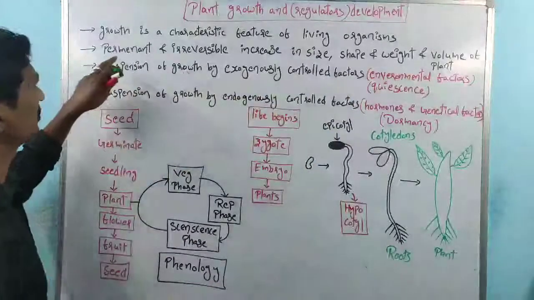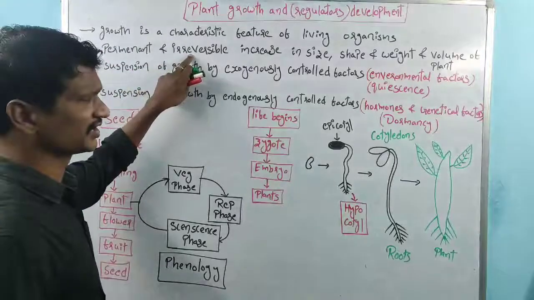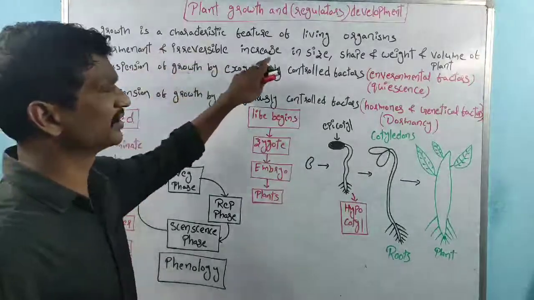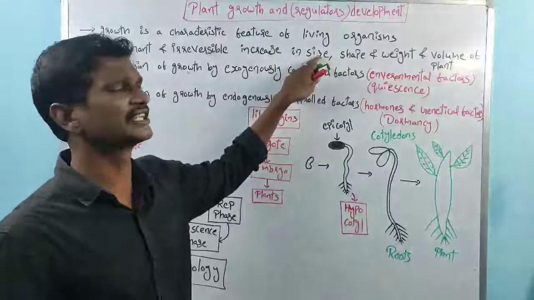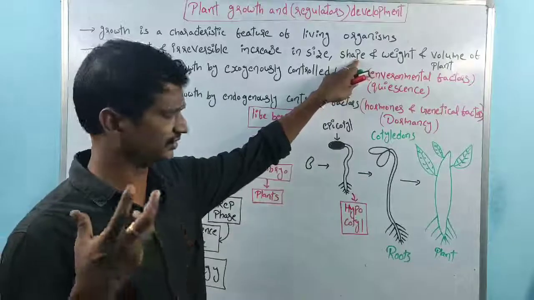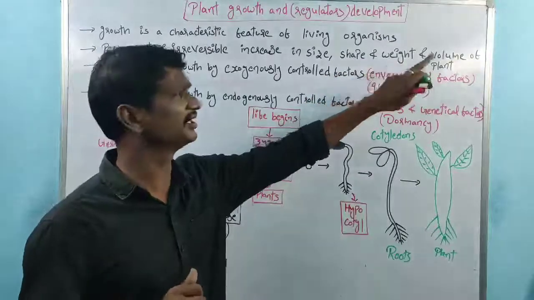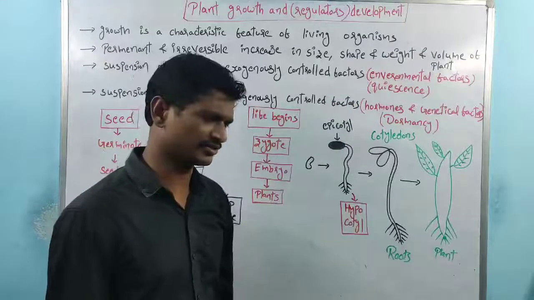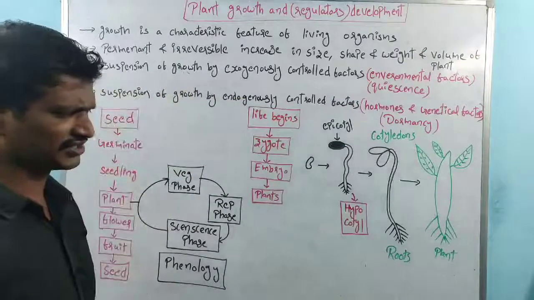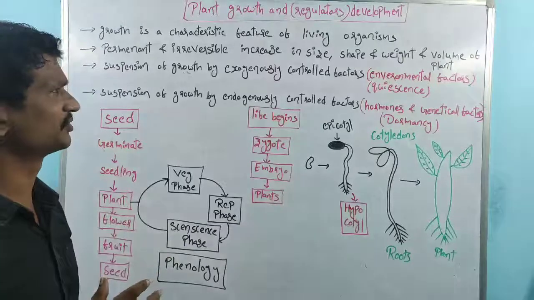So the statement: growth is a permanent and irreversible increase in size, shape, weight, and volume of the plant. That is the basic definition of growth within living organisms.